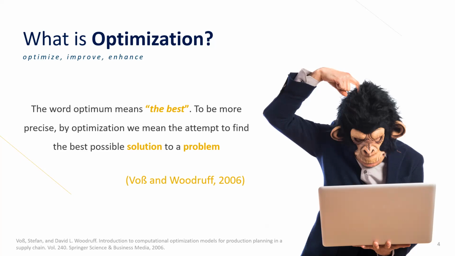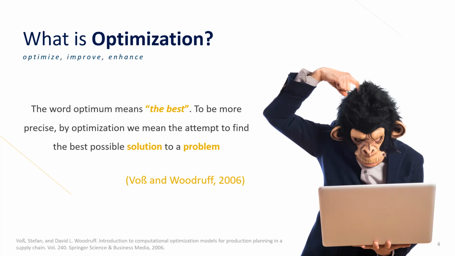So when you say you want to do optimization techniques, you want to use a technique to find the best. Now, the best of what? To be more precise, optimization means to attempt to find the best possible solutions to a particular problem.